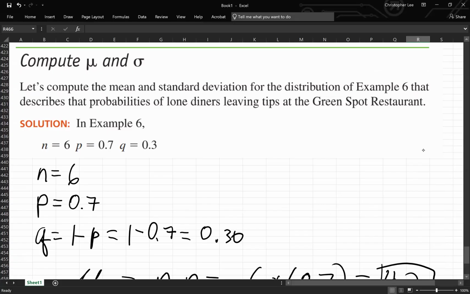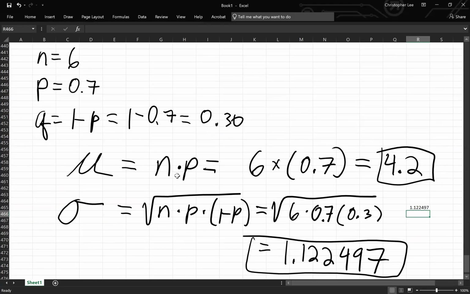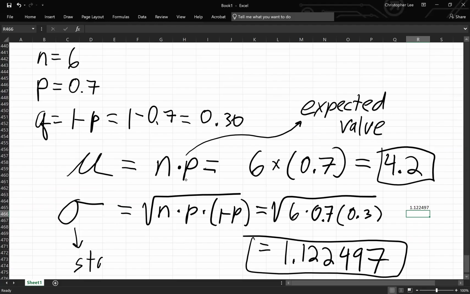You just do it. That's it. Expected value is mu equals n times p. Then the standard deviation. That's it.